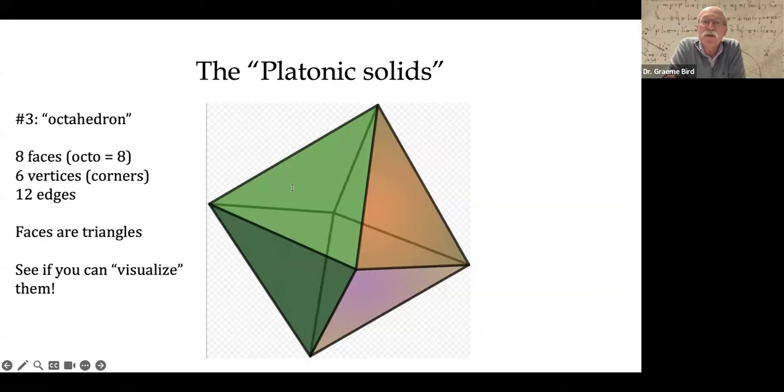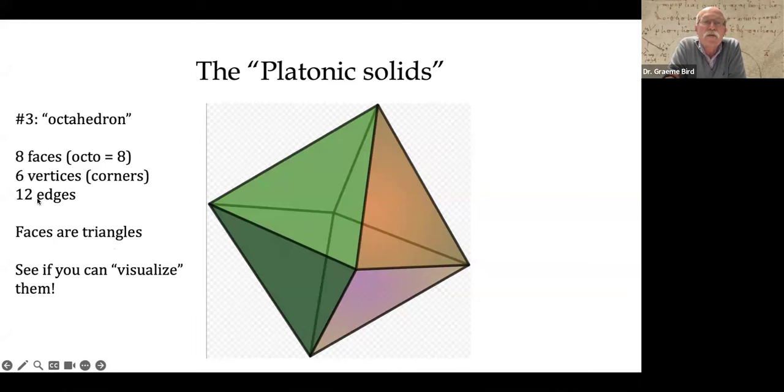Oh, Sophia, yes, 2 pyramids joined at the base, exactly. But because the squares are not part of the outside, they don't count. So it's 2 like Egyptian pyramids joined at their bases. So we've got 8 triangles. And the corners, I think you can see the 6 corners or vertices. Okay, and then the 12 edges, it's kind of 4 pointing up, 4 flat ones, and then 4 pointing down.